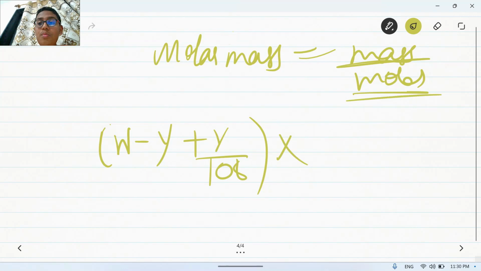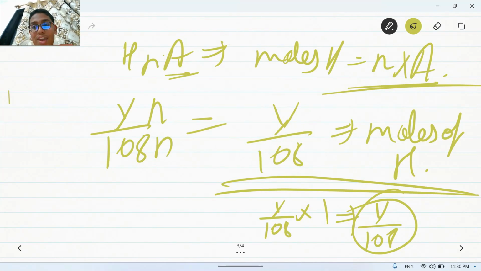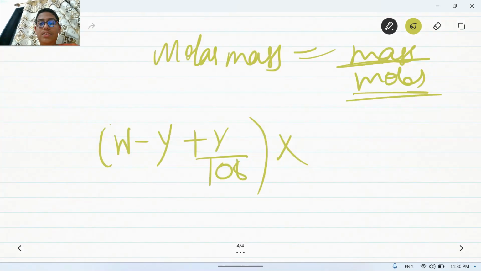Moles, how many moles of HnA are present? And how many moles of A are present? Y by 108 n moles of A are present.